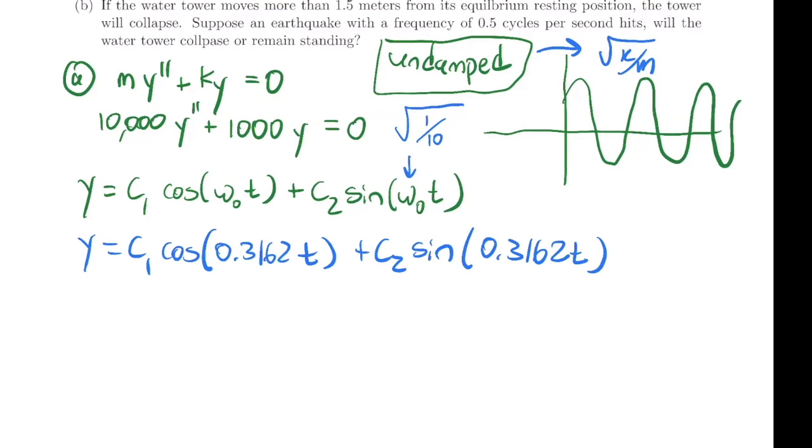So this omega naught is our natural angular frequency of these cycles. Usually we'd like to describe this frequency not in terms of the angular frequency, but in terms of how many cycles you do per second.